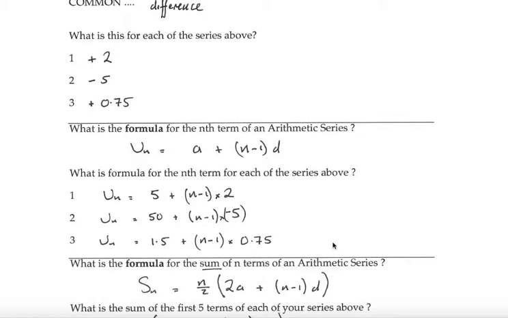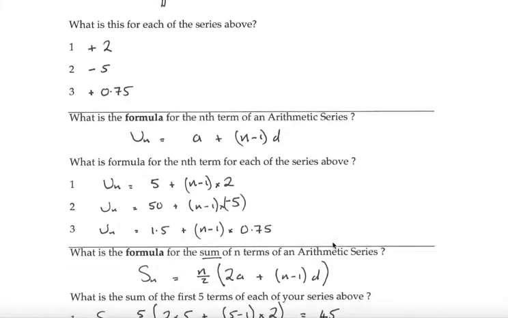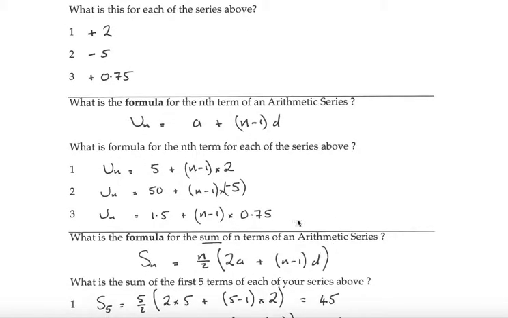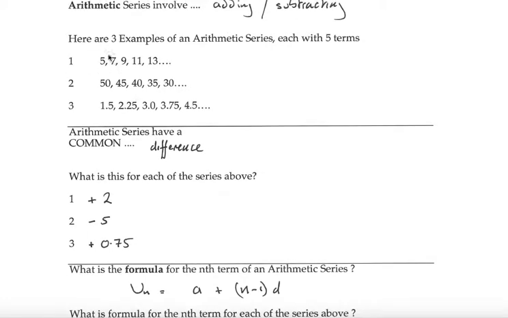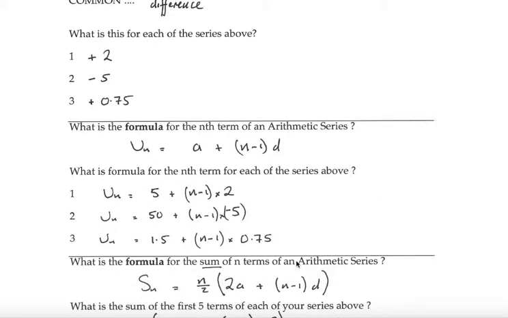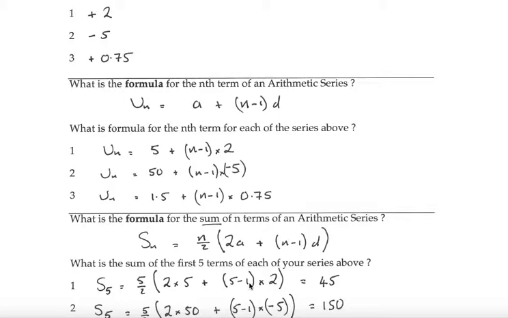So, for example, with the series we had above, the sum of the first 5 terms of my first series, well, I'm adding up 5 terms, so I would start with 5 over 2 into 2 times the first term in the series, which in this case was 5, plus n minus 1, so I'm adding up 5 terms, so that's 5 minus 1, lots of the common difference, which is 2, giving 45.